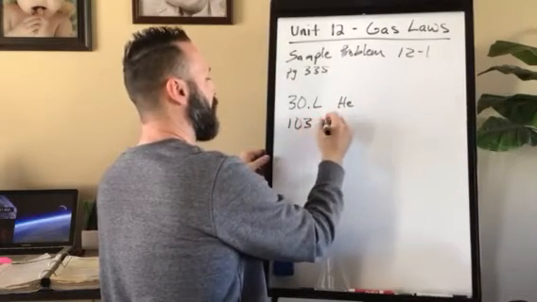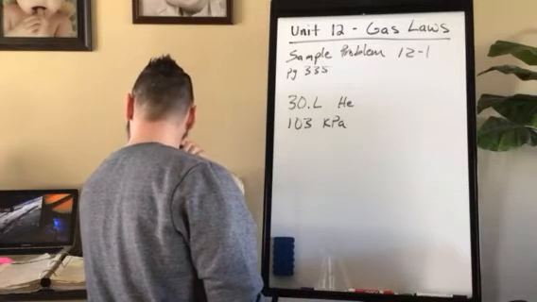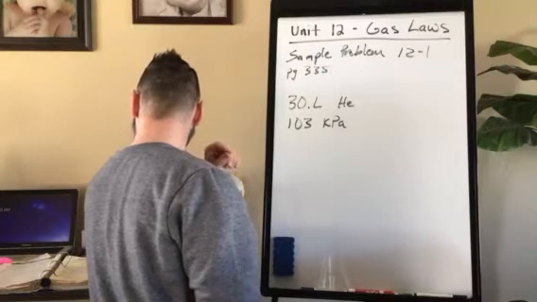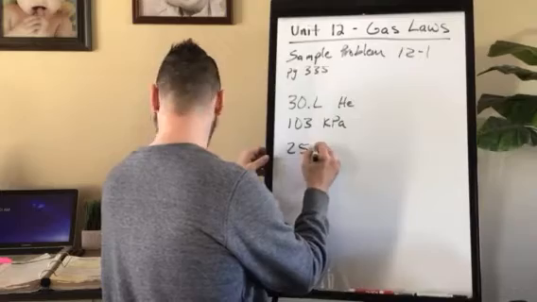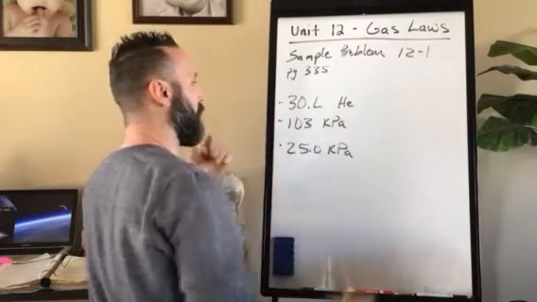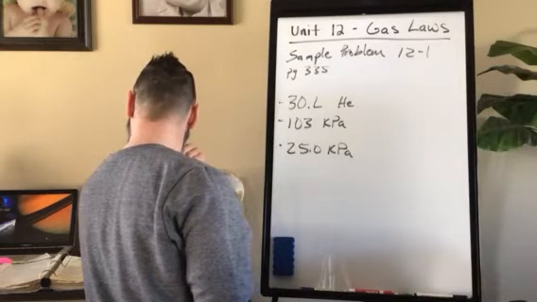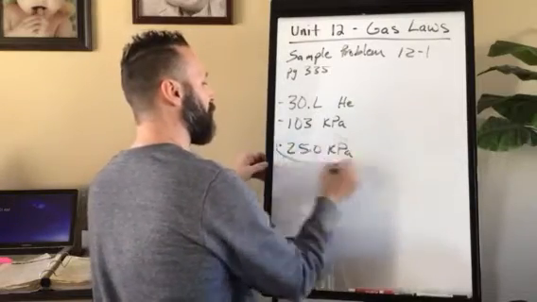So the pressure is 103 kilopascals. What is the volume of the balloon when the balloon rises to an altitude where the pressure is only 25.0 kPa? So here are the variables given in the problem, and it's asking what is the volume when the balloon rises to an altitude at this pressure.